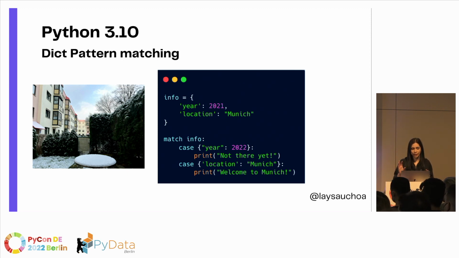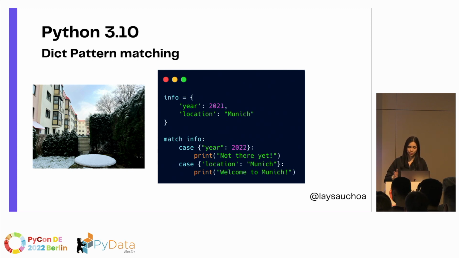So if you work in web development, I know you work with JSON. So you have dictionaries, dictionaries inside dictionaries. One thing I want to show you is that pattern matching can also be used on dictionaries. You can take a dictionary and do the matching with it. And I found it really cool because you don't need to explicitly list all the keys in the dictionary. You can just go for the ones that you are looking at.